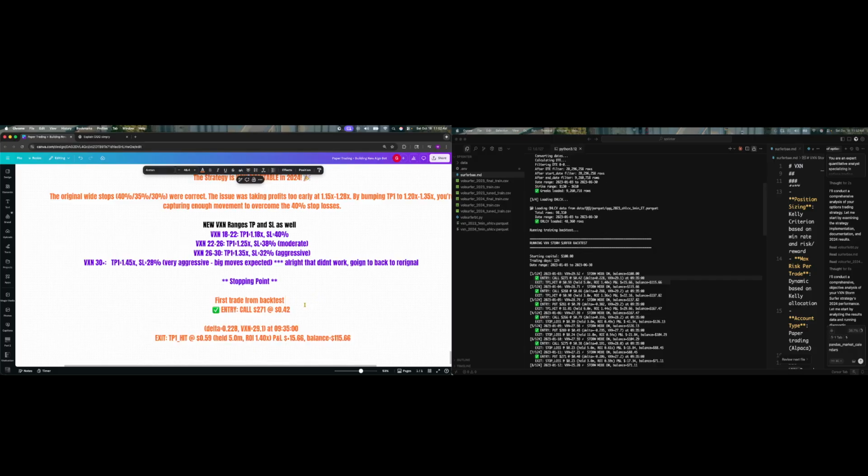So the entry is a call, 274, at 271 at 0.42. Let's explain this real quick. Remember, call equals bullish, equals we think the market is going up, right?